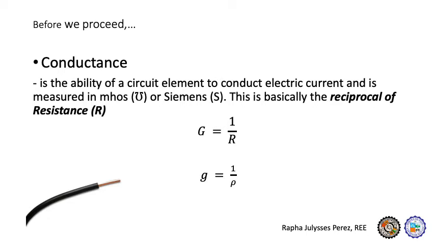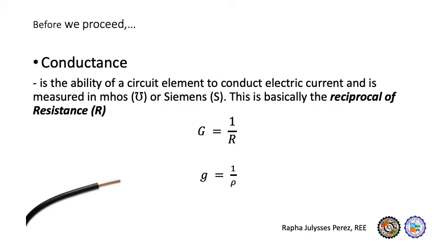I know it's a little bit gimmicky, but that's how conductance is annotated. And conductance is also termed Siemens, or S. So conductance is basically the reciprocal of resistance. If resistance is the ability to resist the flow of electric current, conductance is basically the measure of the ability of a circuit element to conduct electric current.